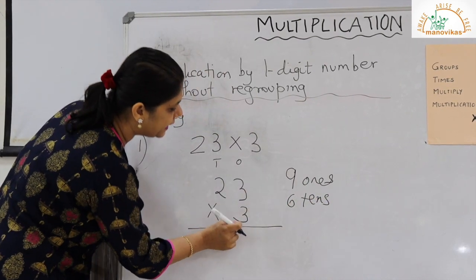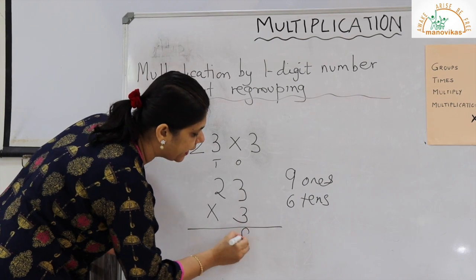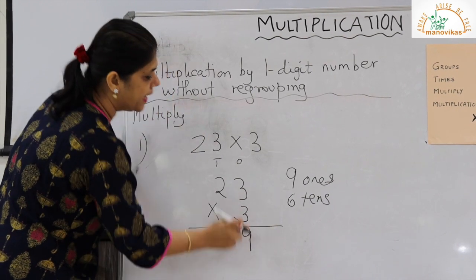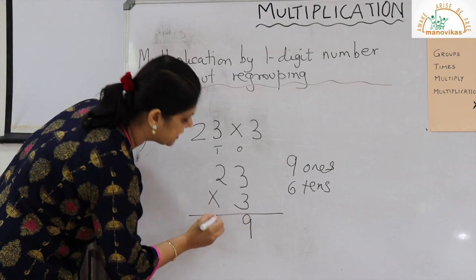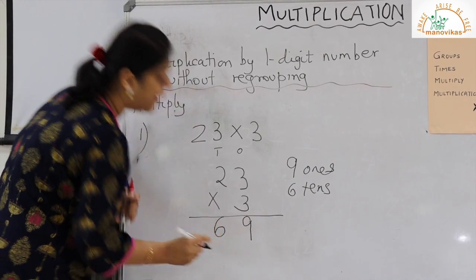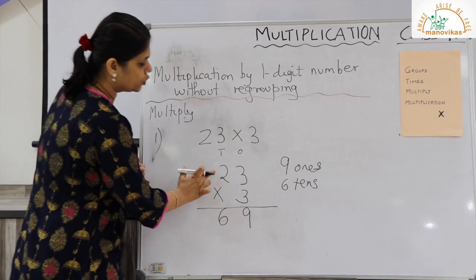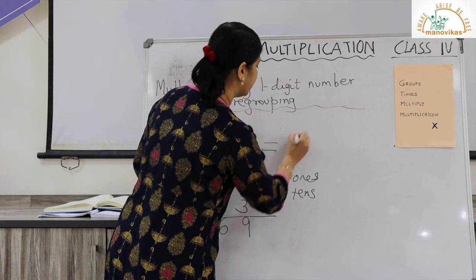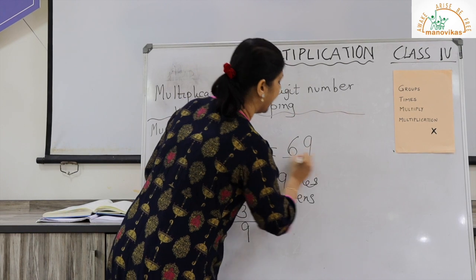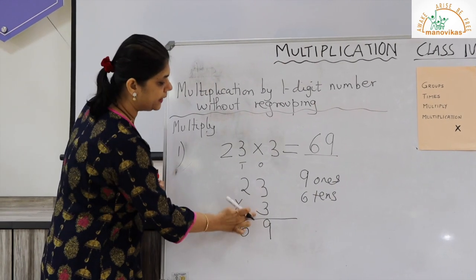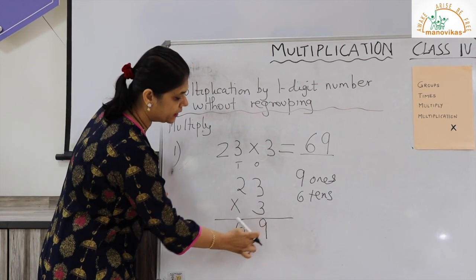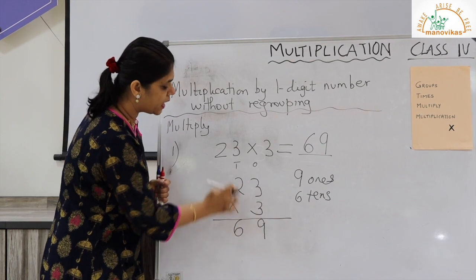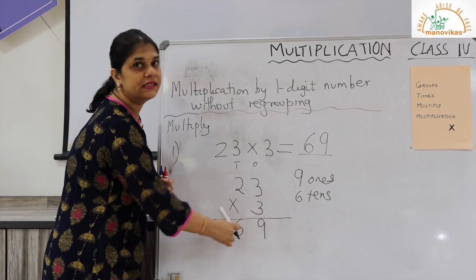So this 3 3's are 9, I will write 9 here in the ones place. And 3 2's are 6, I will write 6 in the tens place. So 23 multiplied by 3 will give me how much, children? 69. Correct? 3 3's are 9 in the ones place. 3 2's are 6 in the tens place.